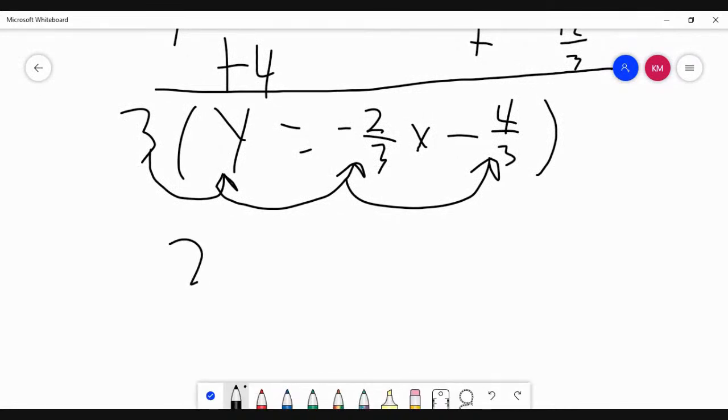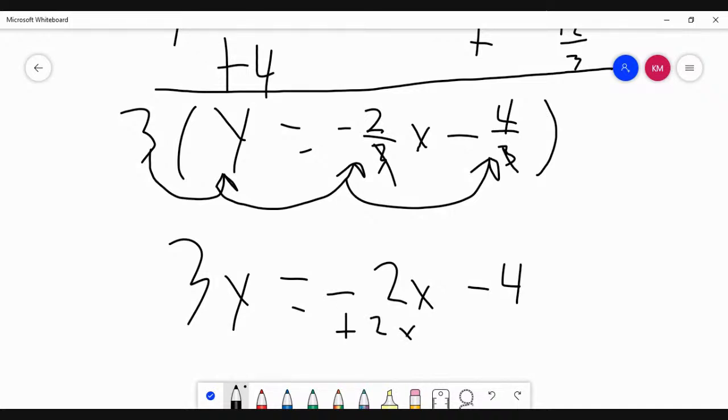So now I have 3y equals negative 2x, because the 3's cancel from there, minus 4, because the 3 cancels from there.